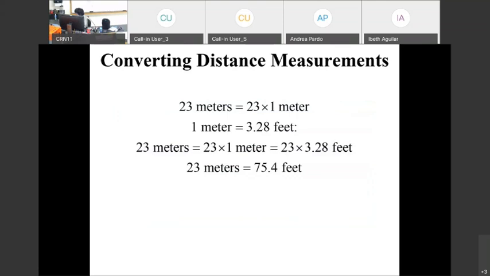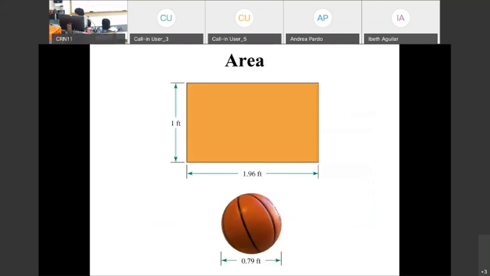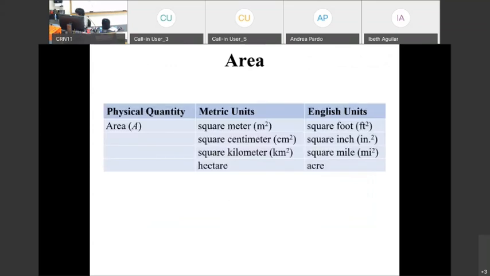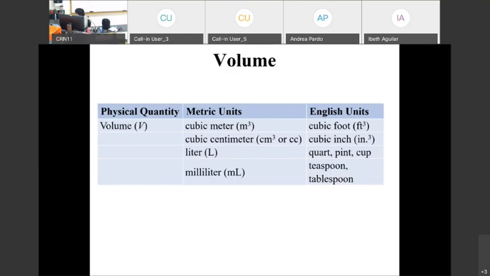All right? So we've done conversions already. We did area conversions as well. This is if you have measurements in feet. But in metric units, we're going to be using the square meter, centimeter square, kilometer square. And for volume, meters cubed, centimeters cubed, or, and this is very important, we actually use liters a lot in physics.